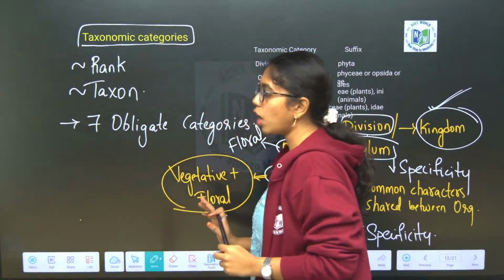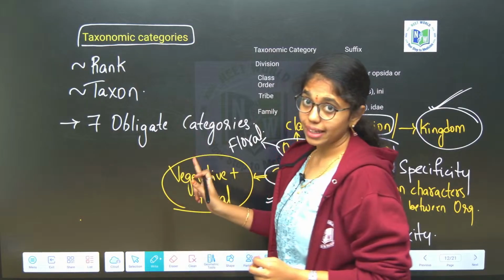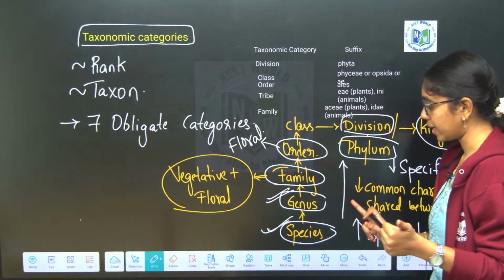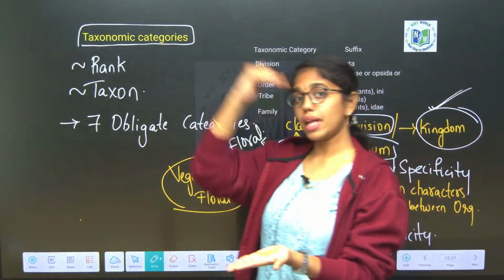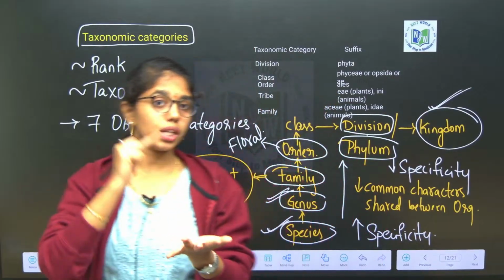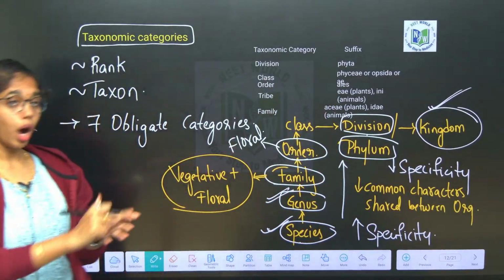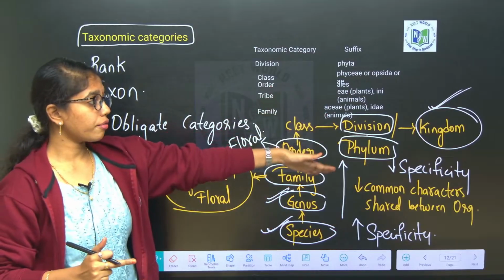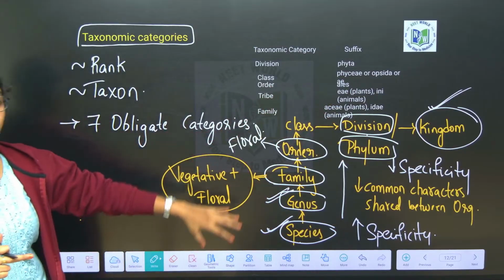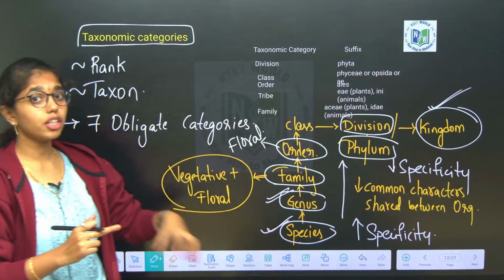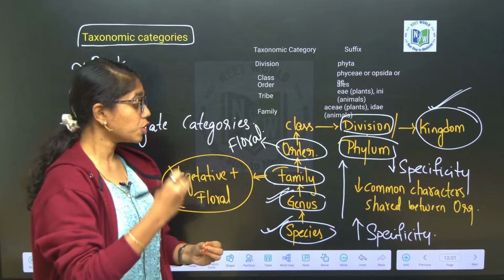As such, we have how many? 7 obligate categories. What are they? From basic to the advanced, we have species, genus, family, order, class, division or phylum, and kingdom. Species, the basic unit of taxon, has high specificity.